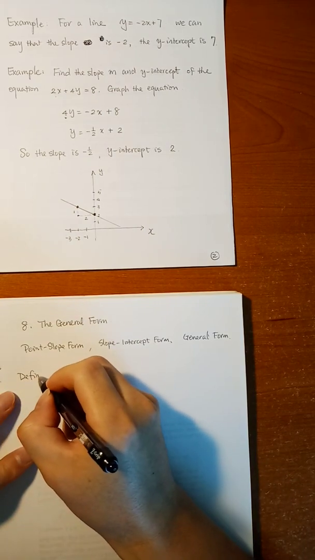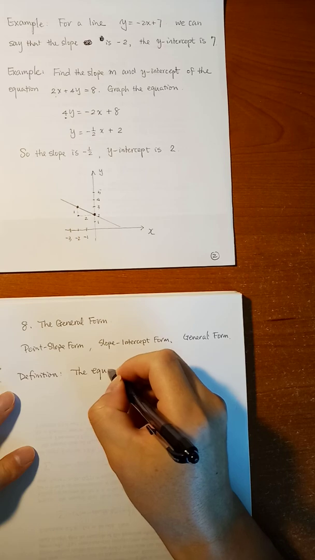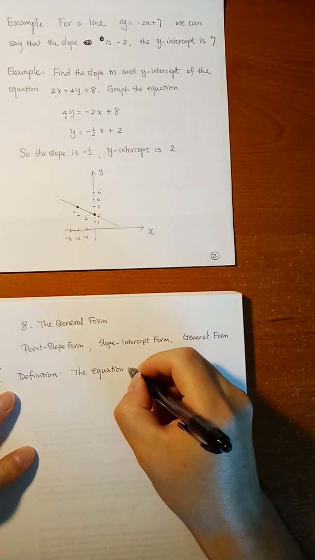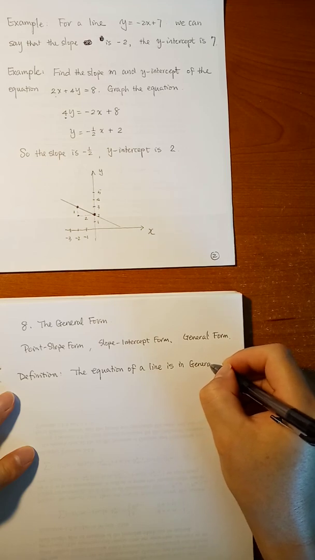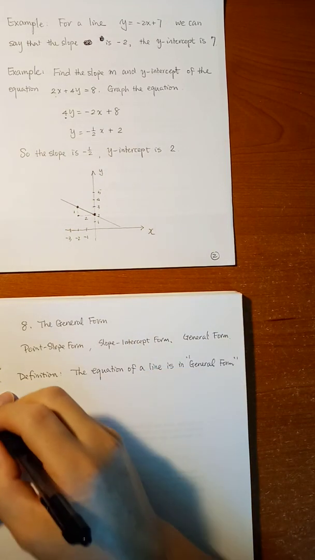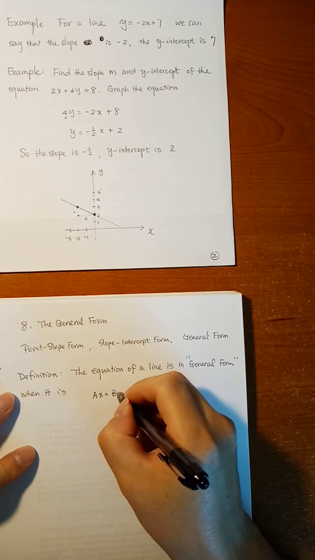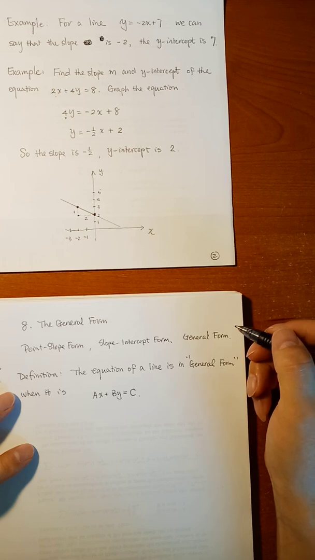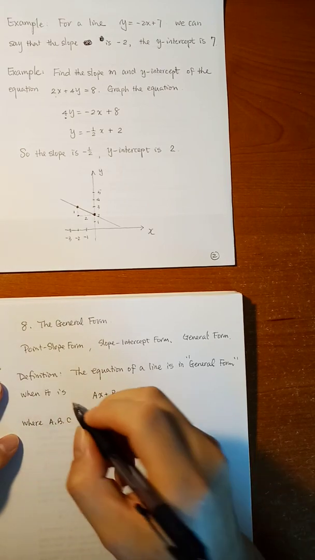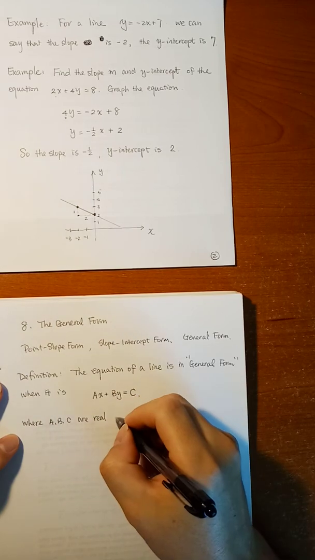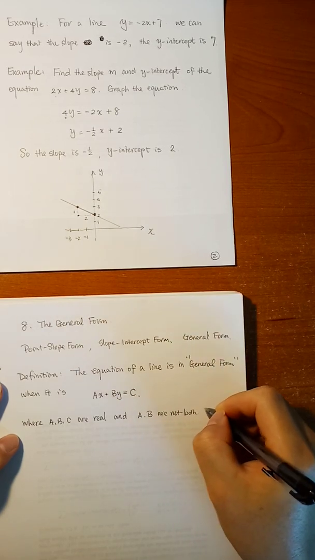So, definition. The equation of a line is in general form if it is ax plus by equal to c, where a, b, c are real and a, b are not both 0.